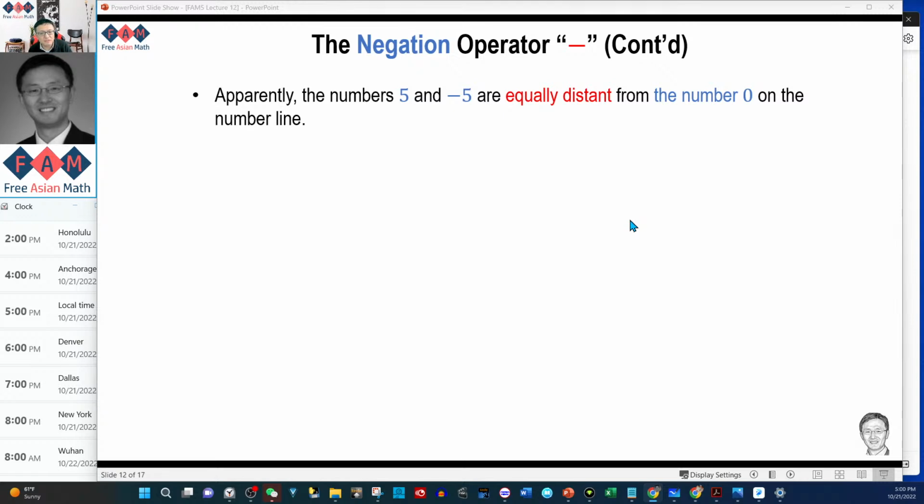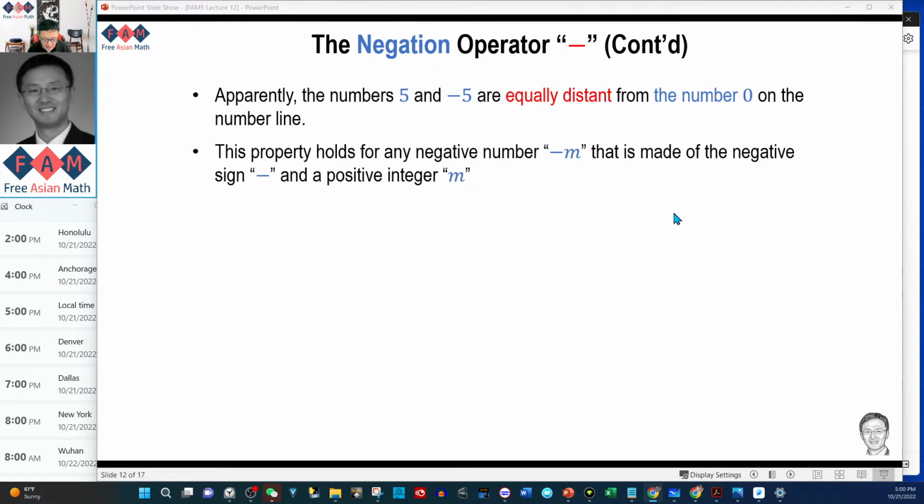5 is to the right of 0, negative 5 is to the left of 0. So this is very important: equally distant from this number or point 0 on the number line. And this property does not just apply to 5, right? It applies to any natural number m.